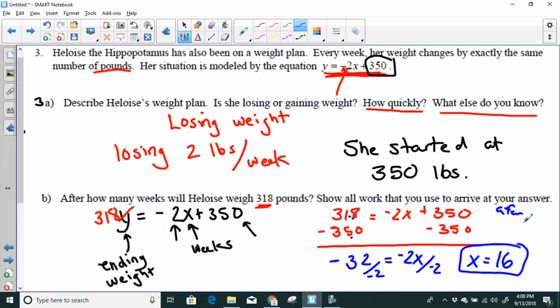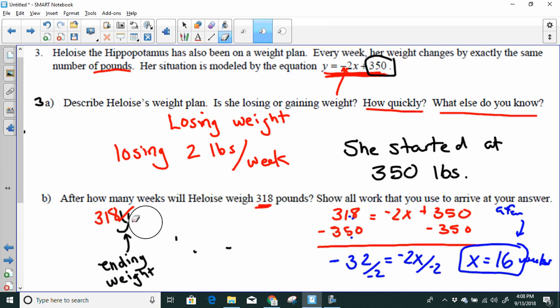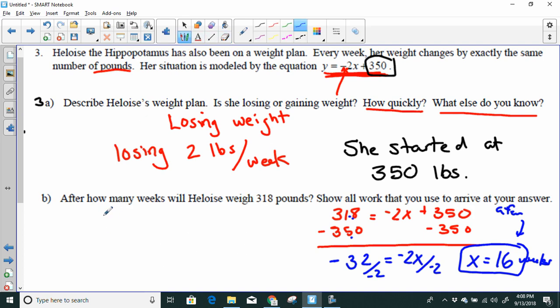After 16 weeks. Now, there are other ways that you could have done this problem. You could have made a table and just counted back. And I can see that some people did that. They said, okay, well, we know at 0 weeks she's 350. So we could skip ahead maybe to 10 weeks. 10 weeks she's lost 2 pounds a week. So after 10 weeks she's lost 20 pounds.